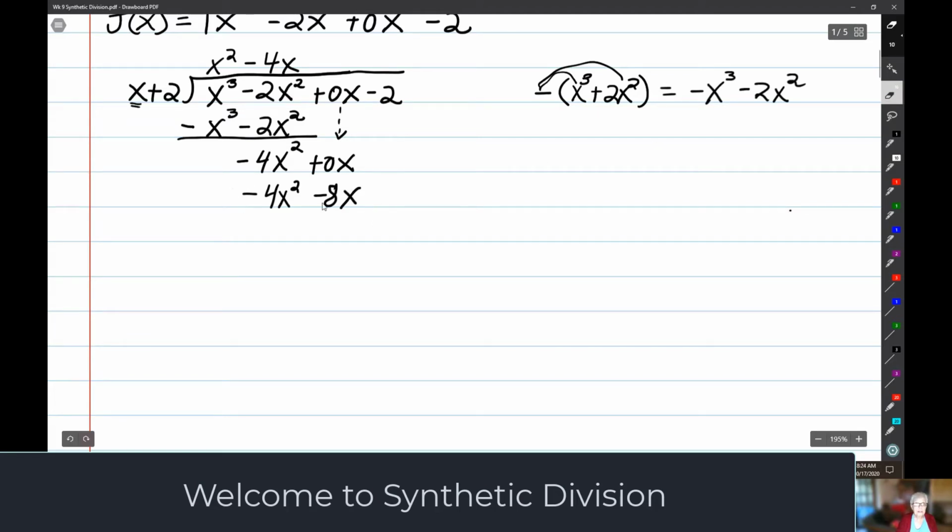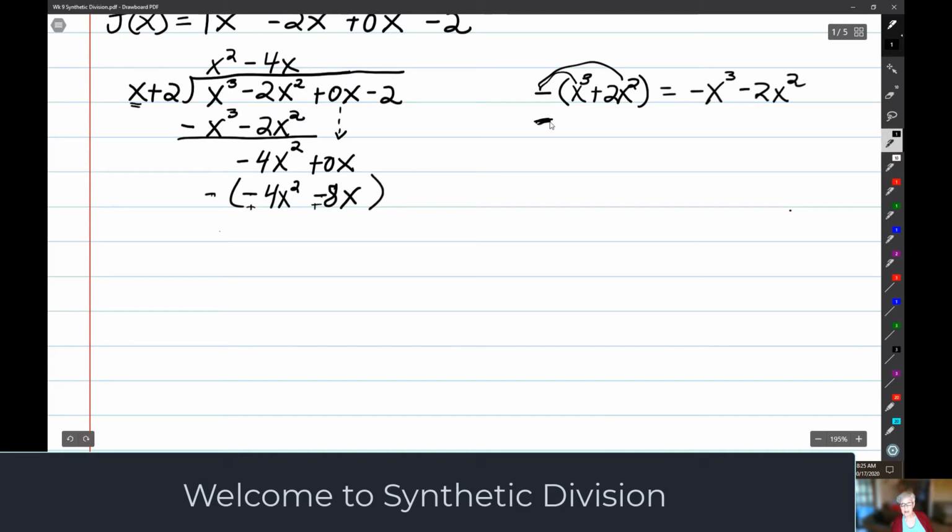Now, I'm going to subtract this, just like I would with regular numerical division. And when I do, I'm going to be distributing the negative sign there and there, which will make this positive and this positive. Let me do it over here.